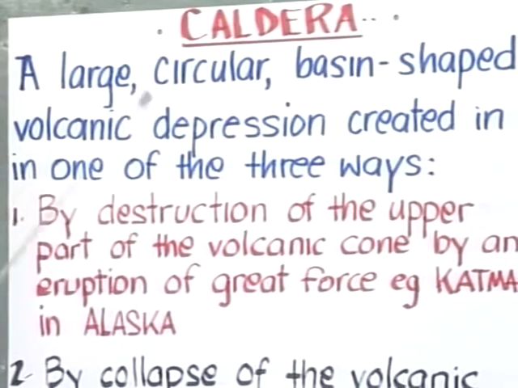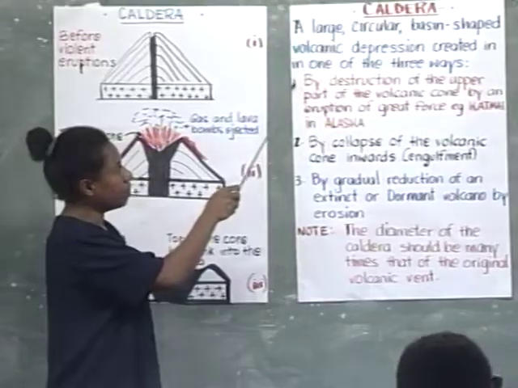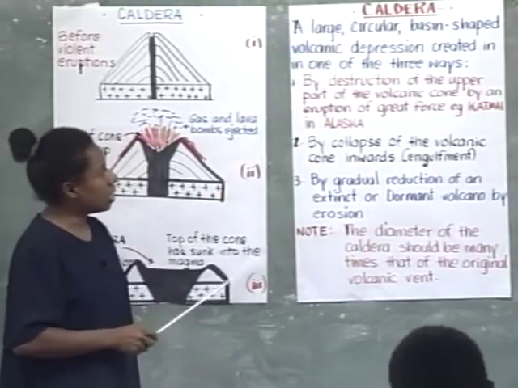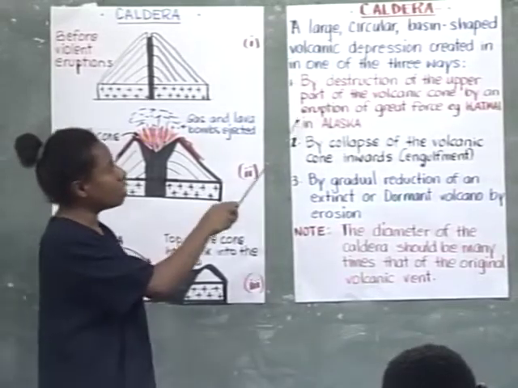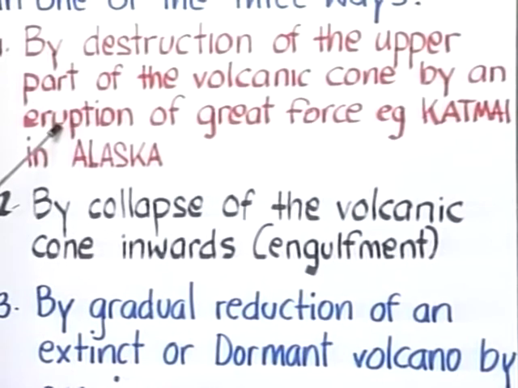And this particular volcanic depression can be created in one of three ways. And the three ways in which a caldera can be formed are: one, by destruction of the upper part of the volcano, of the volcanic cone, by an eruption of great force.